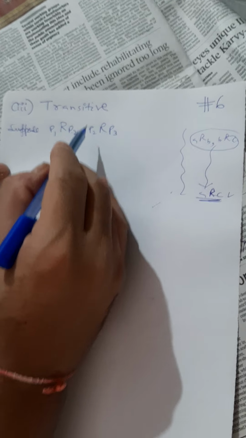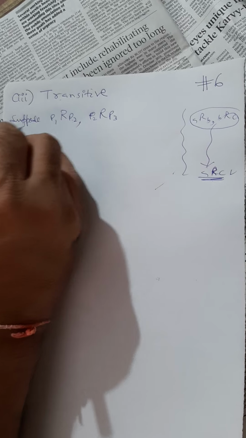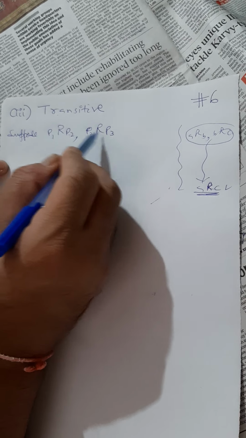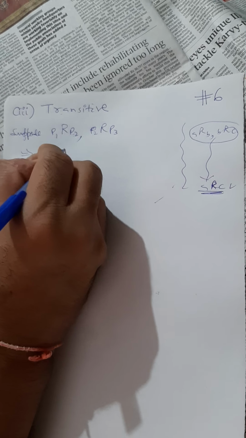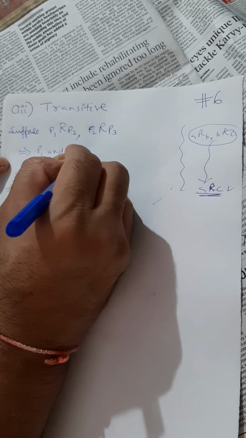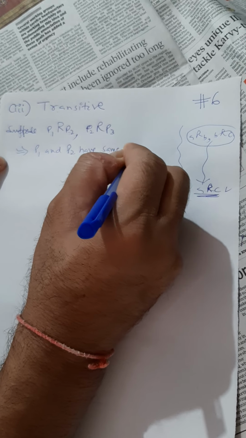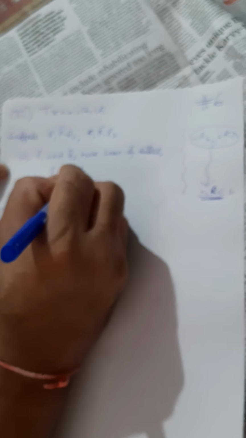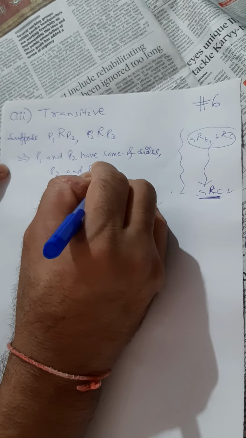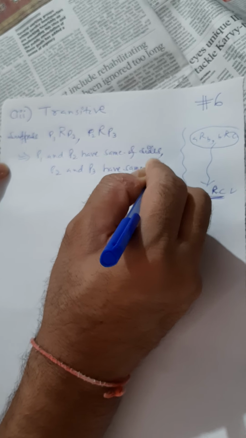We started with 3 polygons; in transitivity you need 3 objects. Now write the meaning of these two. It implies that P1 and P2 have the same number of sides, and P2 and P3 have the same number of sides.